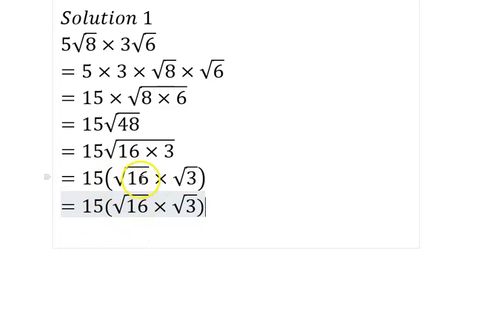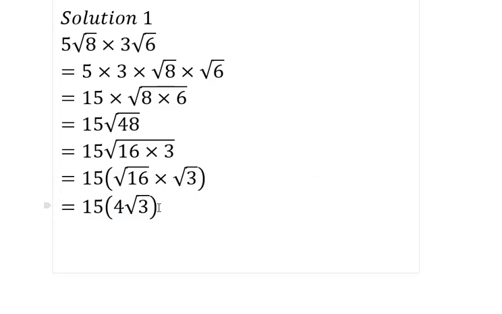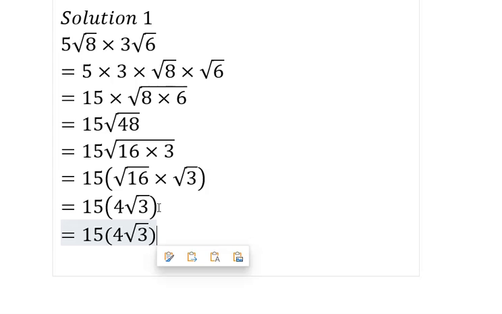Root 16 is 4. 4 times root 3 will give us 4 root 3. With this, we are home and dry. So if we now say 15 times 4 will give us what? 60. So we have 60 root 3 as our final answer.